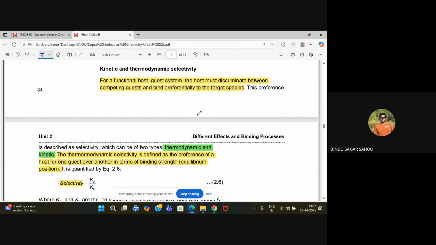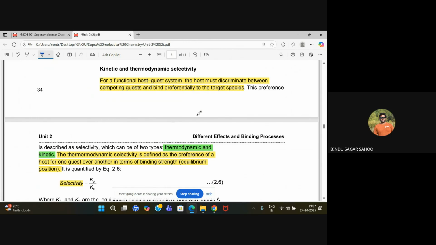Thermodynamic stability is defined as the preference of a host for a guest over another in terms of binding strength. If the binding strength between metal and ligand, or between guest and host, is strong, then we can say it is thermodynamically stable, and the complex is thermodynamically selective.